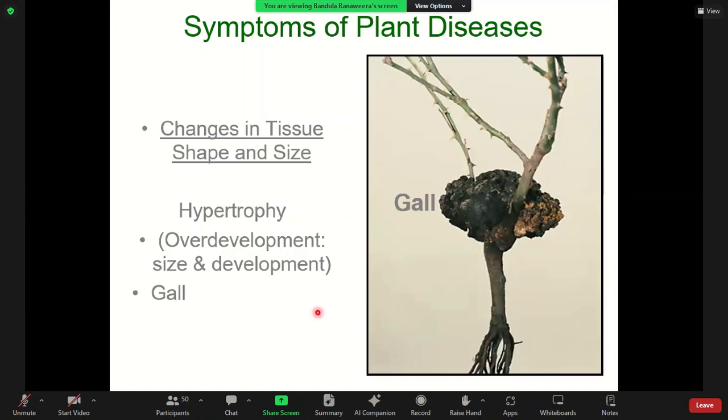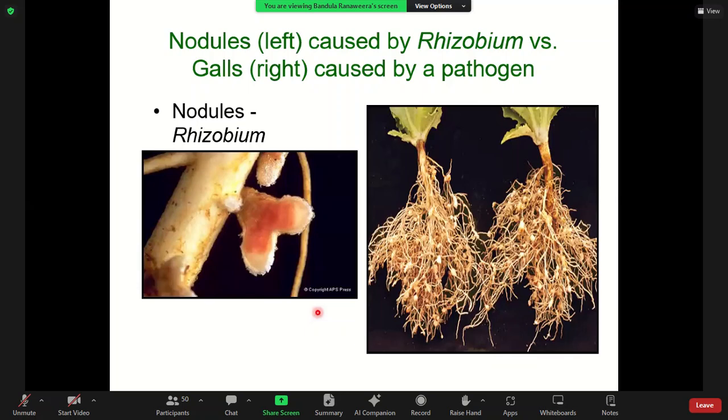Now, we know that some symbiotic bacteria are developing nodules in plants. When root nodules are produced in legume plants, we consider it a benefit, because the root nodules caused by rhizobium bacteria are in collaboration with the plant.